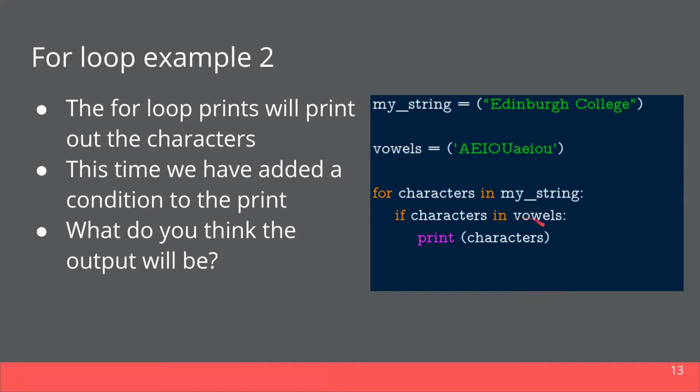For characters in vowels, and then we do a colon again because we're about to say, you know, what if, what, print them. So what we're saying is for characters, so for each individual character inside my string, test that character, and if that character is in this vowel string, if it appears here, print it out.